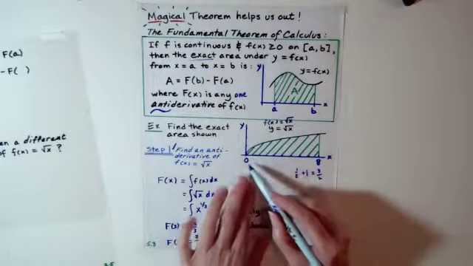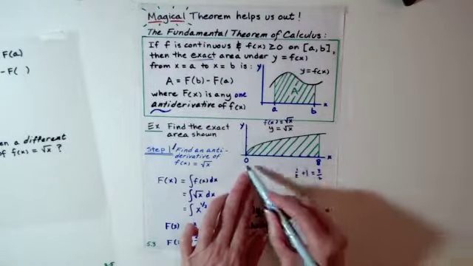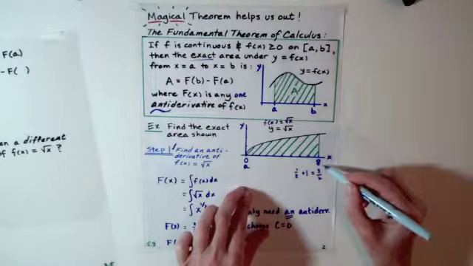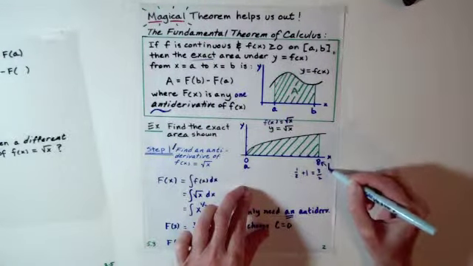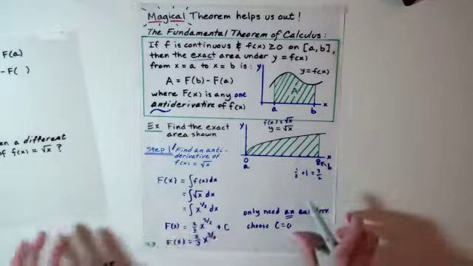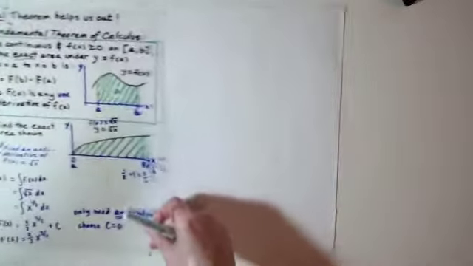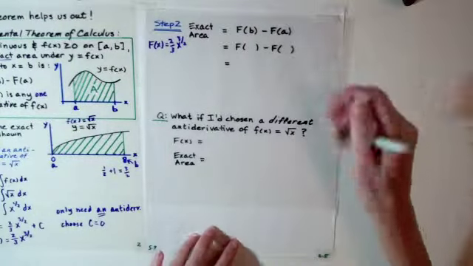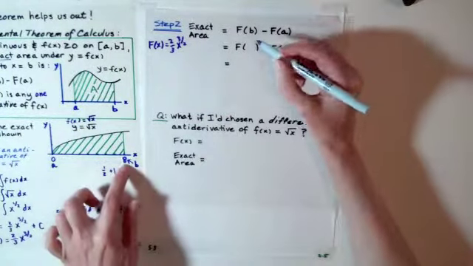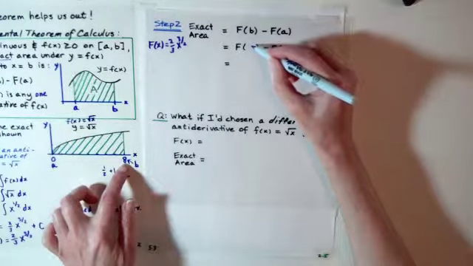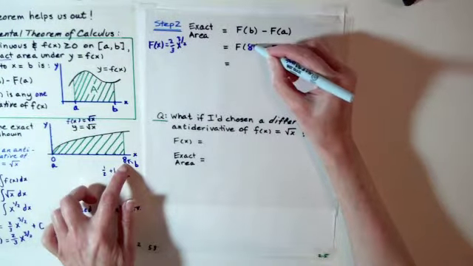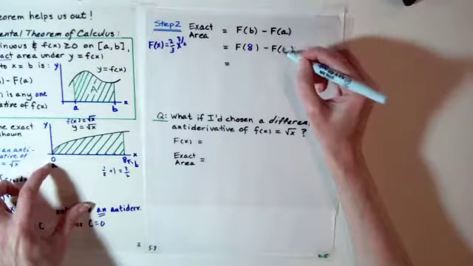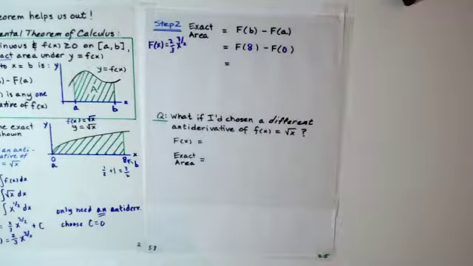Well, what are my a and b in this example? My a and b are 0 and 8. So 0 is going to be my a value in the fundamental theorem, and 8 is going to be my b value. Okay, let's go back to this page. Maybe I'll just move that to the left so we can refer to it. So for me, I'm supposed to do the antiderivative evaluated at the right-hand endpoint, 8, minus the antiderivative evaluated at the left-hand endpoint, 0.